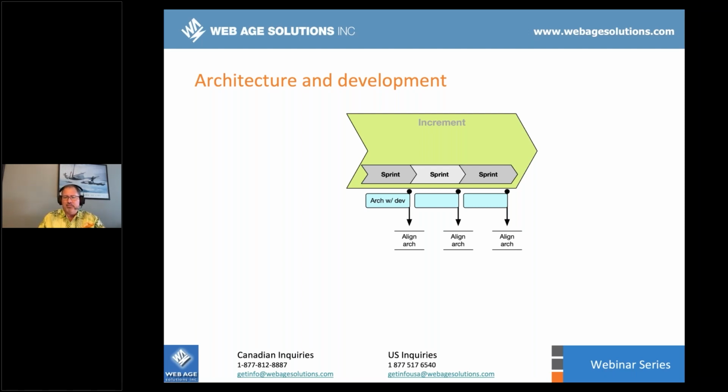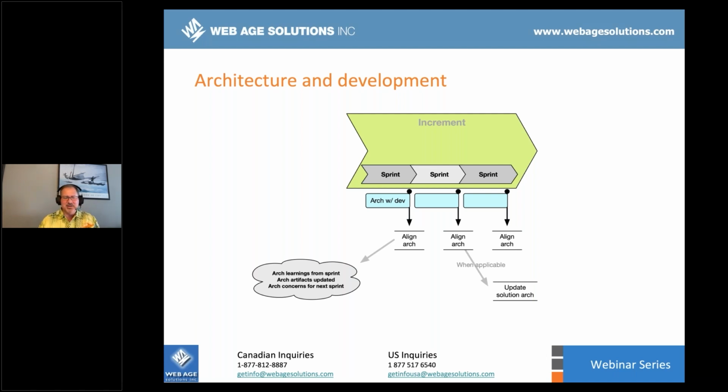We're going to be working on more detail. And at the end of each sprint, we're going to be aligning the architecture to what we've learned. Those are learnings that affect the architecture. We might update some artifacts. We'll identify some architectural concerns for the next sprint. And every so often, we'll actually update the solution architecture.